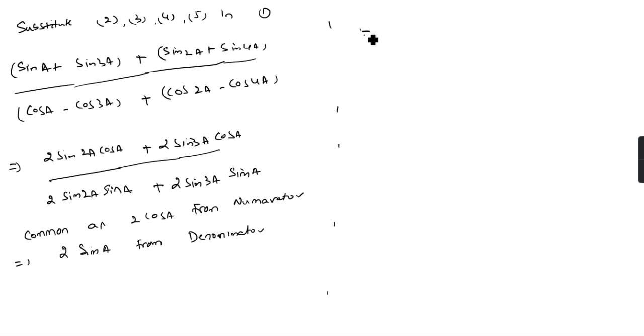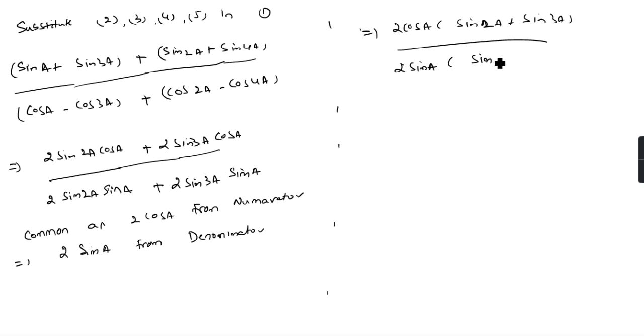So we get 2 cos A into (sin 2A plus sin 3A) by 2 sin A into (sin 2A plus sin 3A).